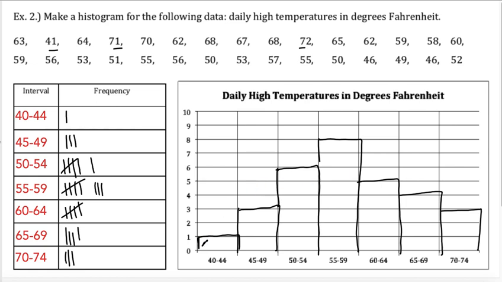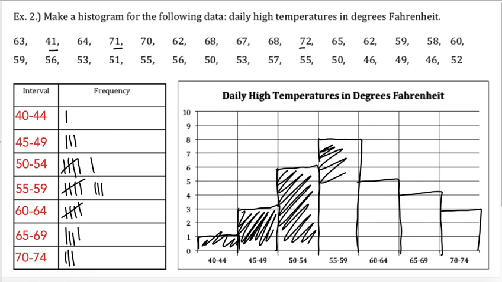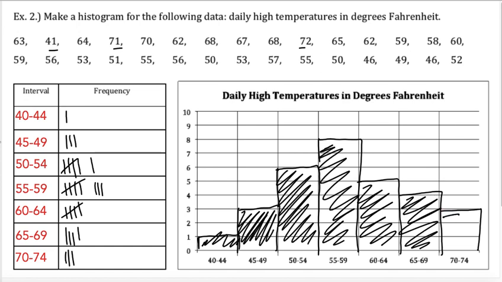All right, and again, you can shade them in if it helps you kind of see. And once you have your histogram filled in, that concludes section 2 for information over histograms and creating them.